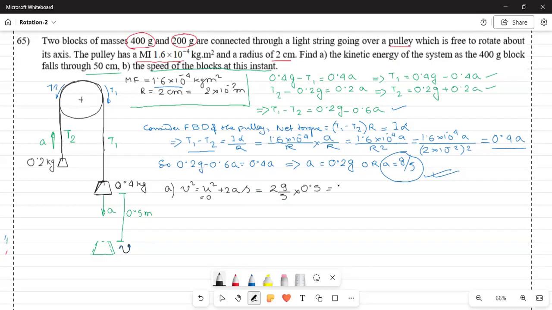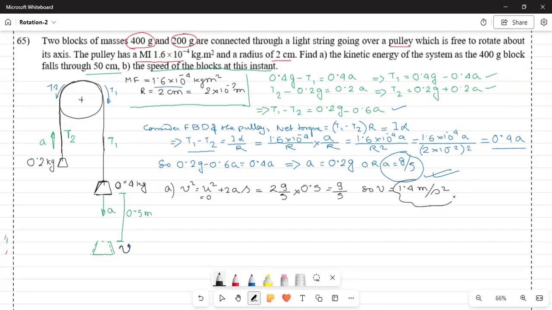So this is equal to 0.5, therefore velocity v is equal to 1.4 meter per second.